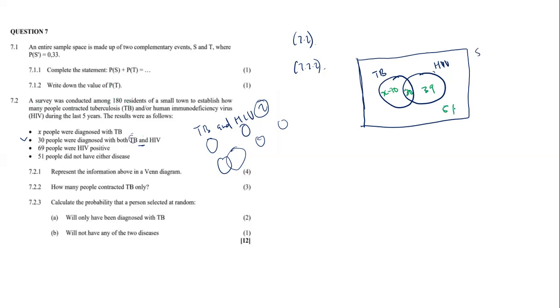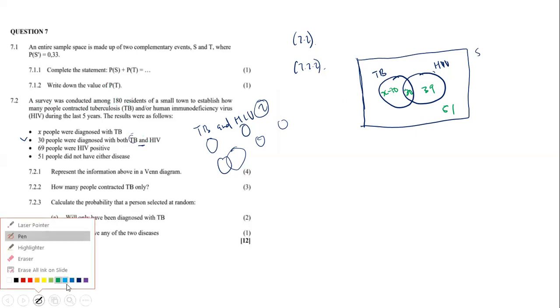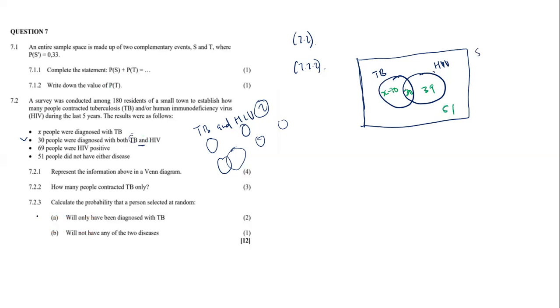These 51 people are not infected at all. They do not have TB or HIV, so they are outside our events, meaning they are in our sample space. I hope that was clear. This is how we answer question 7.2 for 4 marks. Our Venn diagram is complete. This is how we draw our Venn diagram.